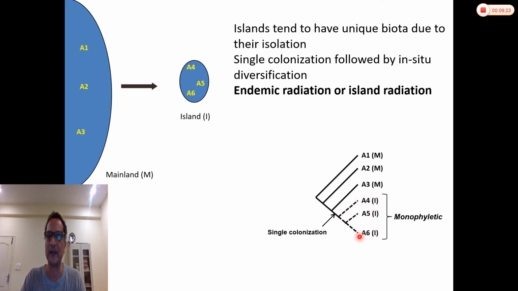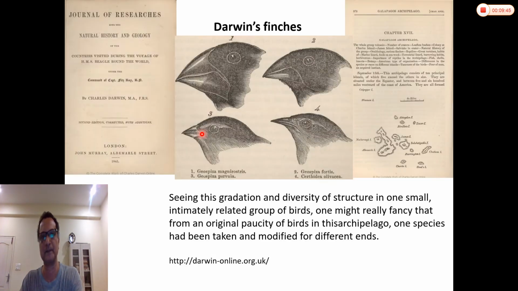They branch together. So there was a single colonization followed by diversification, right? And the island forms are nested within a larger phylogeny consisting of species from the mainland. So you can think of South America and the Galapagos, Africa and Madagascar and so on, right?